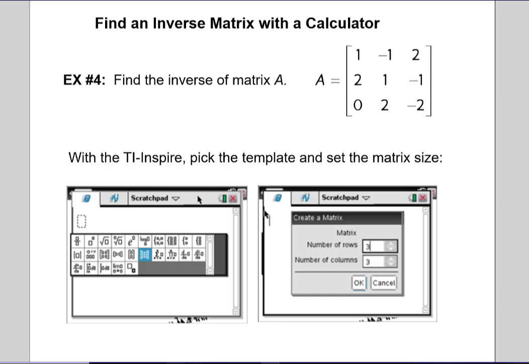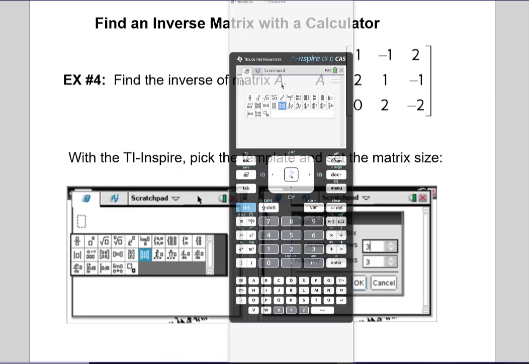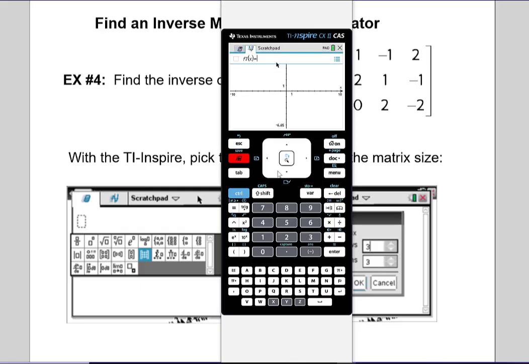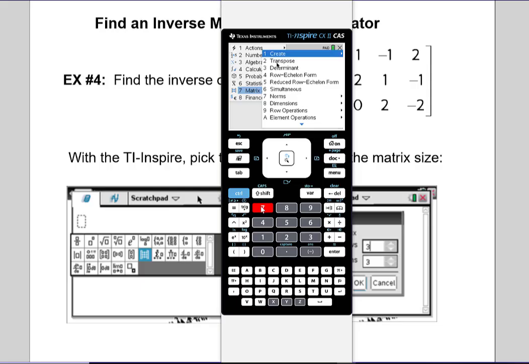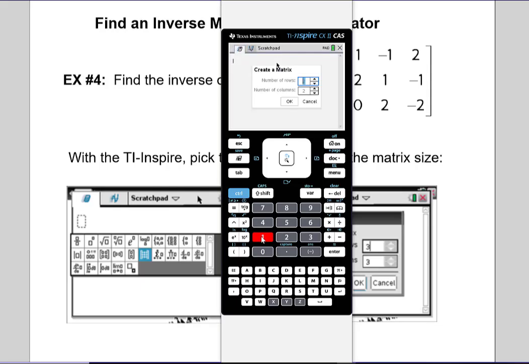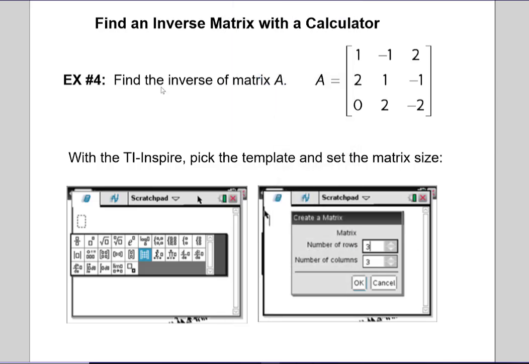Another option is to do, in the scratch pad, menu 7, I want to create number 1, a matrix number 1, and then I can do the same thing. I can say I want a 3-row matrix, and I want a 3-column matrix, so I've got a 3x3 matrix, and we can do that approach as well.